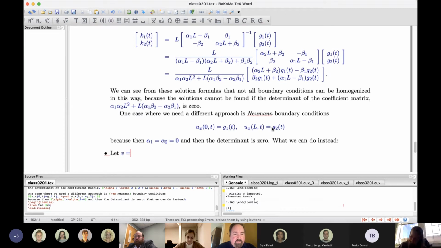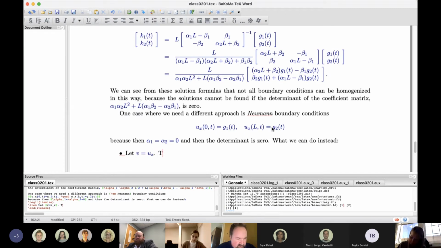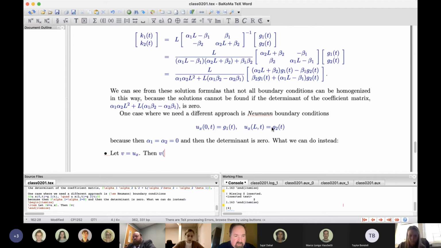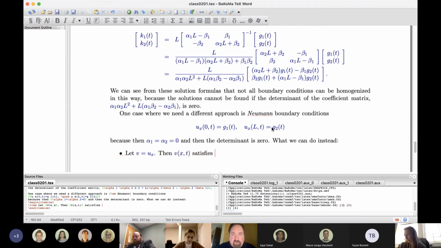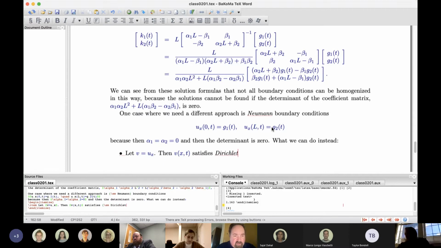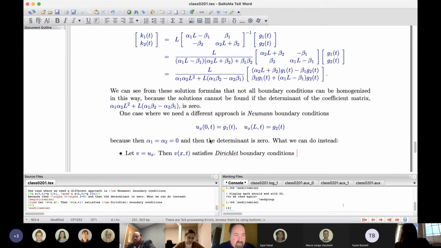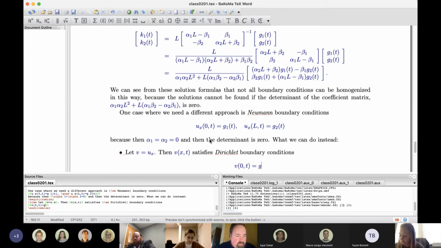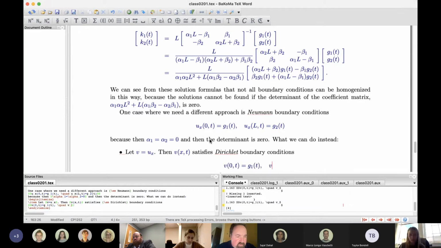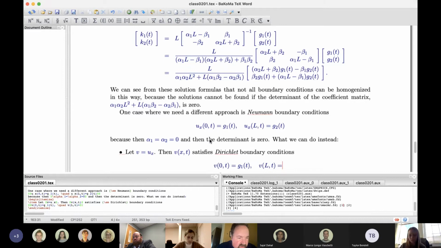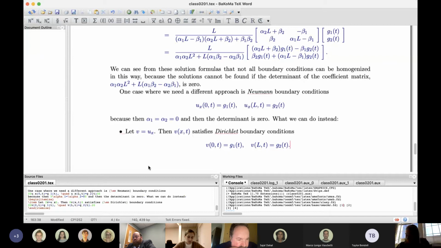If I define v equal to ux, then we have these boundary conditions: v of 0,t equals g1 of t, and v of L,t equals g2 of t. That's quite convenient, since here I just replace ux with v.